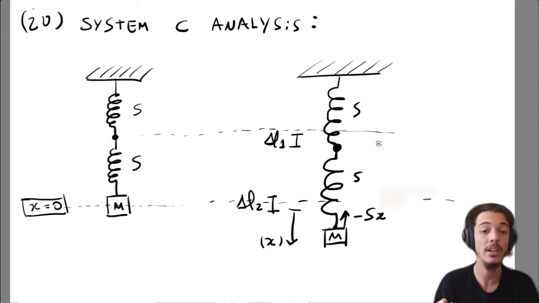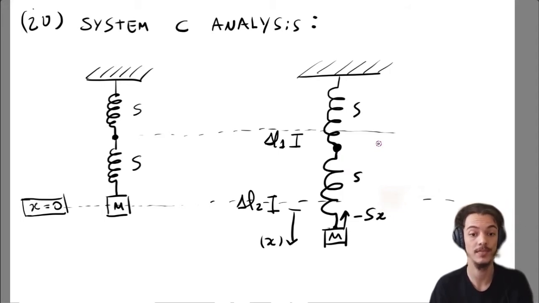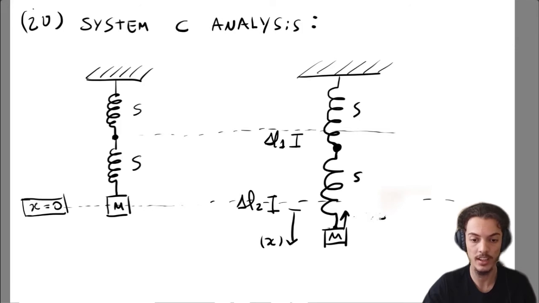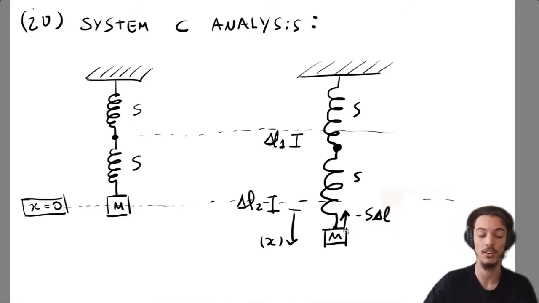So how can we relate our x, since in this case we cannot write the elastic force like that, how can we relate x with this delta L2, that is the actual displacement of the spring, and thus will be the amount of displacement coming to the elastic force that acts on this mass?